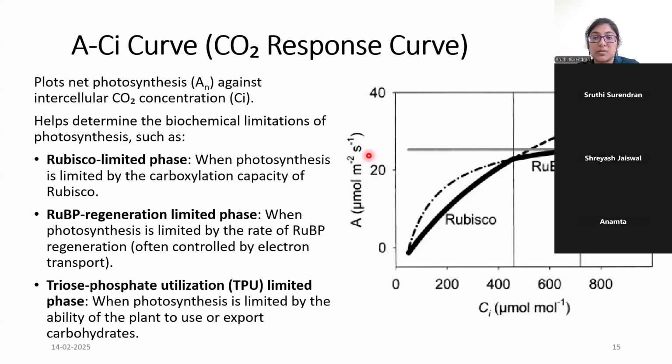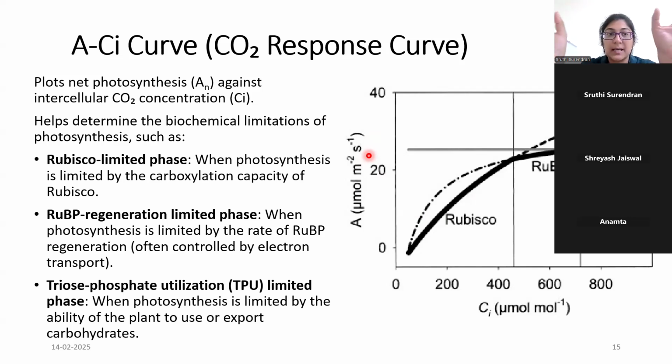Intercellular carbon dioxide concentration is the concentration of carbon dioxide inside the leaf. We were talking about how a plant responds to environmental conditions, so in that case we should require the atmospheric carbon dioxide concentration in this graph.